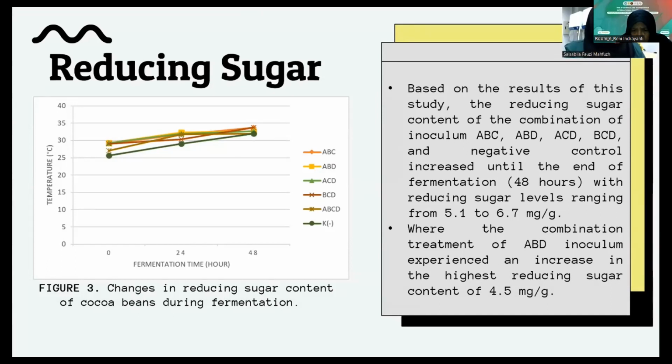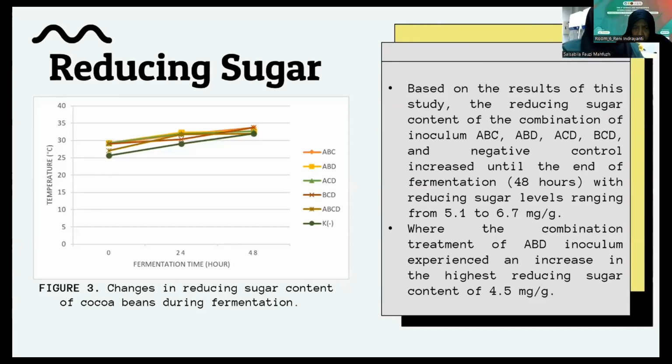The ABD inoculum combination experienced the highest increase in reducing sugar content, 4.5 milligrams per gram, from 2.3 to 6.7, and this is in line with the research of Afoakwa, where the reducing sugar content increased at the end of fermentation.